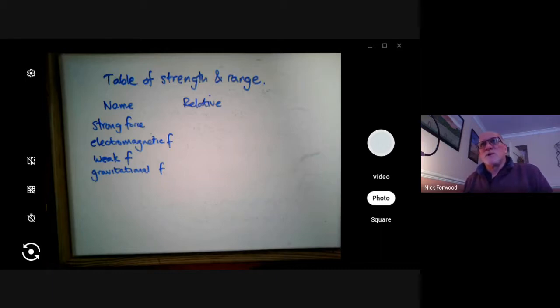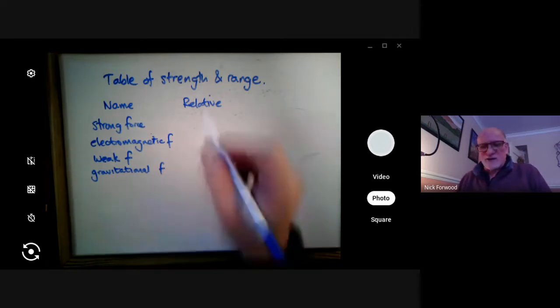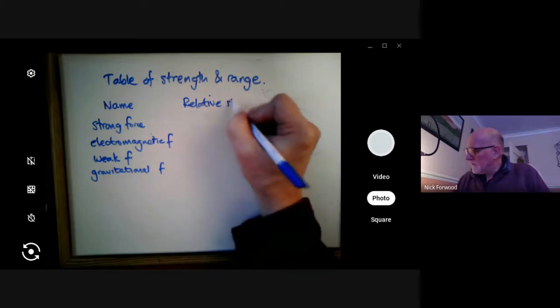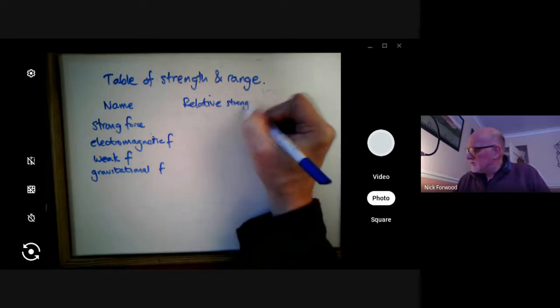In the same way that we could take 2/3 of that and say that's the relative strength, if you like, of an up quark, and we could take 1/3 of it and say that's the relative strength of a down quark. So we're going to use numbers like +1, for instance, and then we're going to compare the relative strengths with each other rather than actually giving real numbers to them.